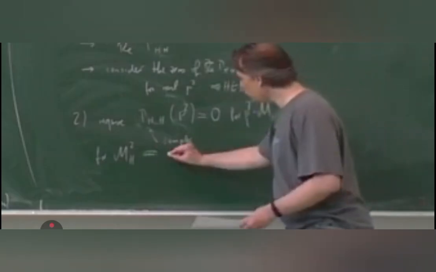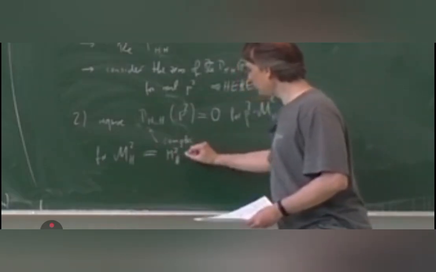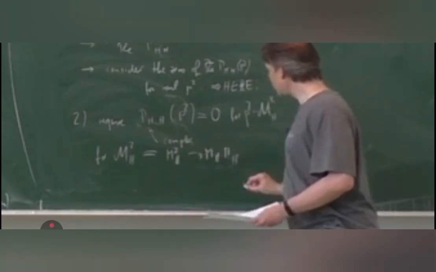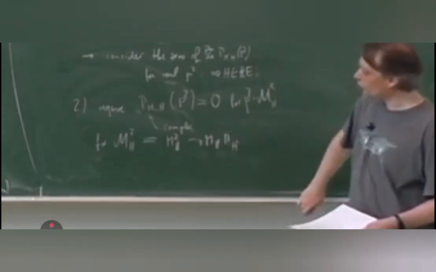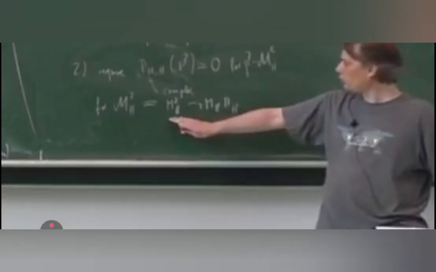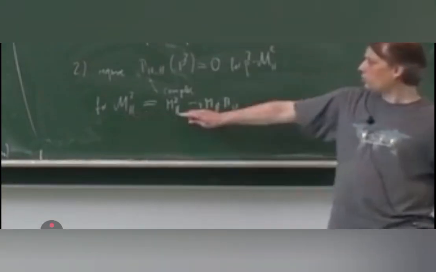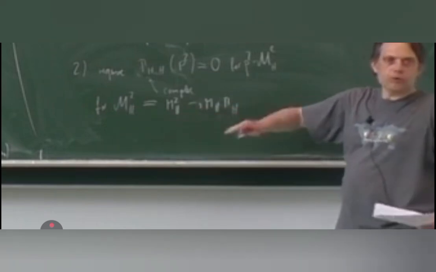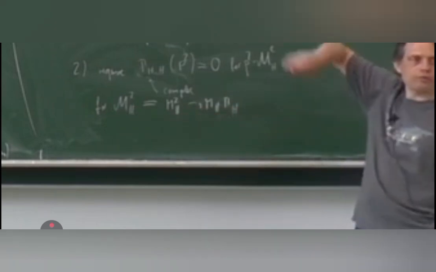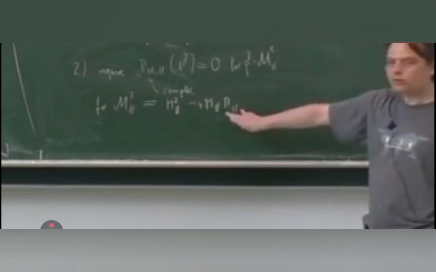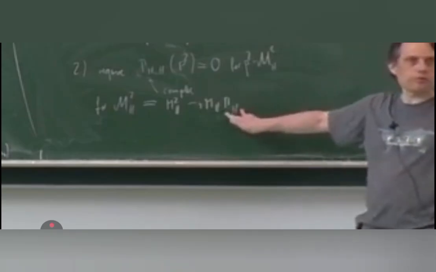We can write ordinary mh square minus I mh times gamma h, and then the interpretation is immediately that the real part of this curly m square corresponds to basically a resonance peak if you have a Breit-Wigner resonance in a scattering process, and this here corresponds to the width of the Breit-Wigner peak.